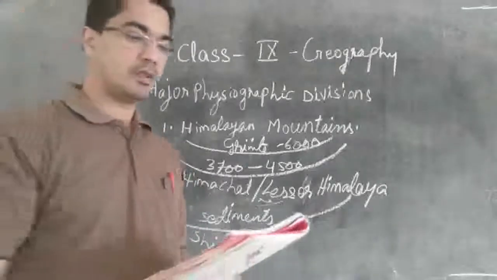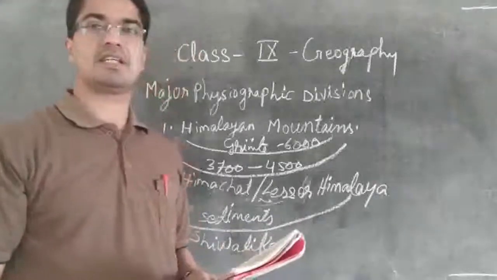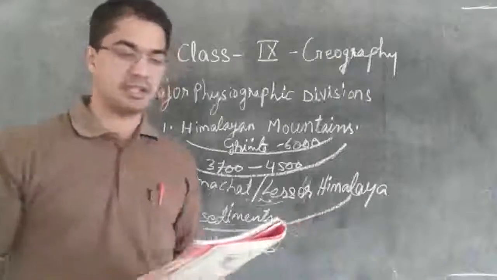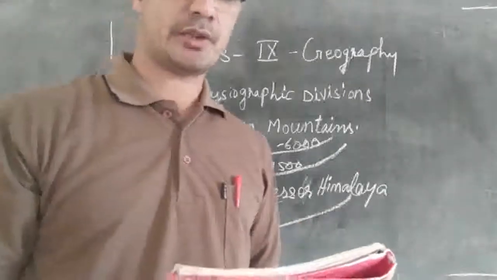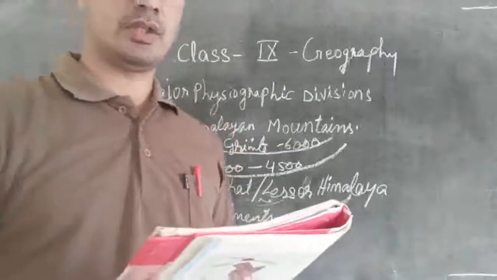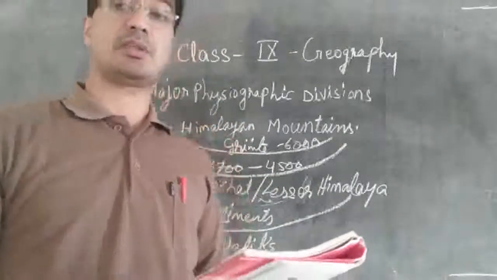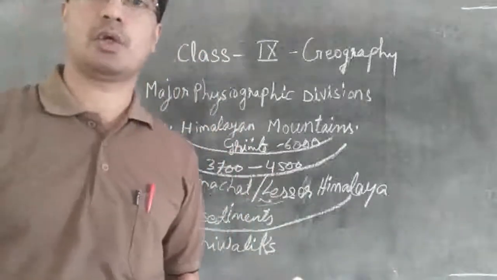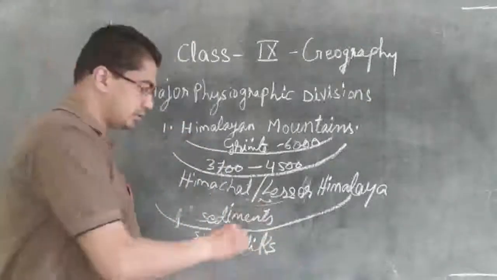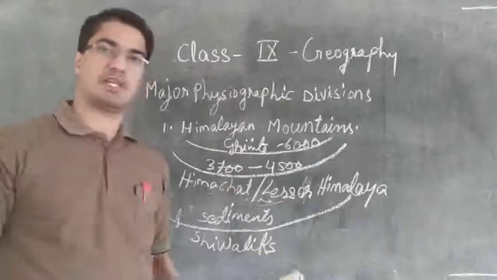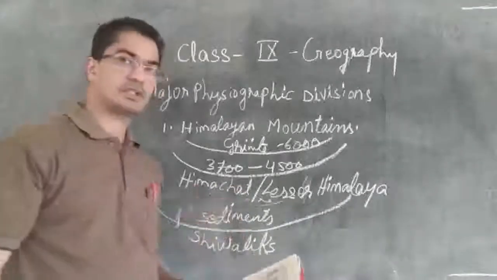There are many valleys in that. One is Dehradun, another one is Kotli Dun, another one is Patli Dun, and so on. All are very well known or important dunes, and you have to remember the important names of these dunes.